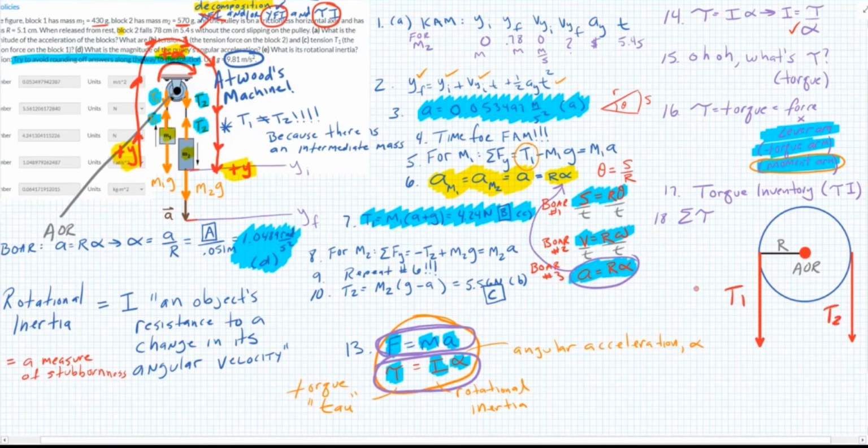And because of the geometry that we have here, I can see that this is a 90-degree angle. I'm going to drop another radius right here. And yes, that tension is at a perfect right angle to that torque arm. This is a good opportunity to use that term. This is the radius, and then these are both torque arms.